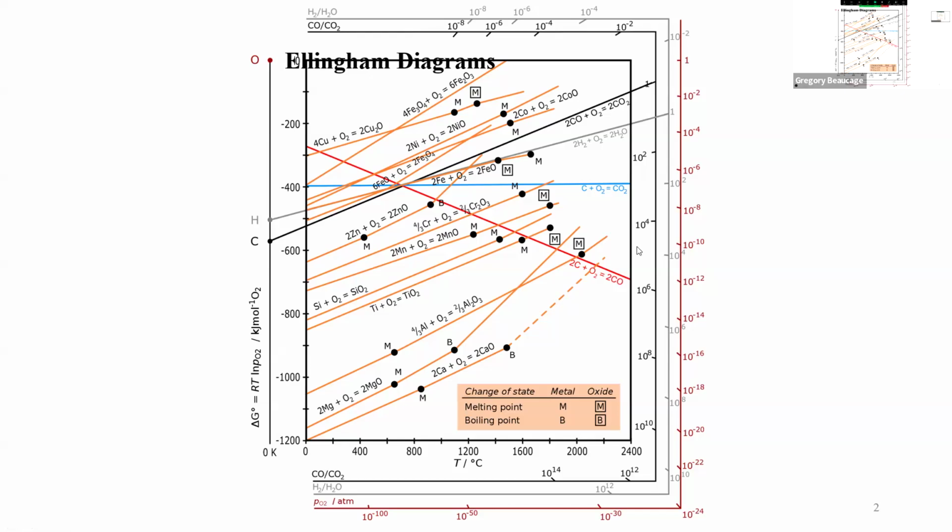You have three axes here: CO/CO2, H2/H2O, and then the pressure of oxygen. There are several things you can do with it. If you're using hydrogen to reduce an oxide to make a ground state metal, this gives you what conditions and what temperature you need.